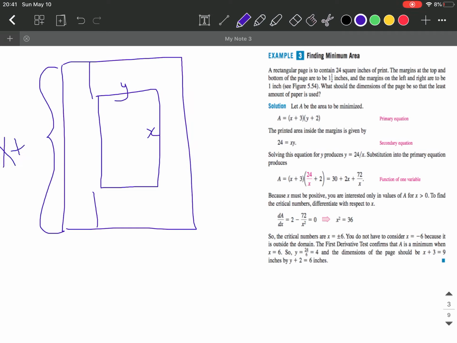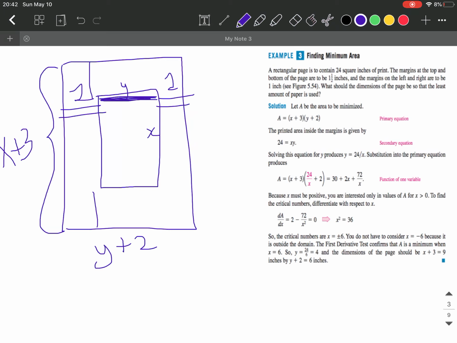You need to add both margins to X. And Y, which is the width, you need to add the margins on the left and right, which are 1 inch each. So that's Y plus 2. So the entire page is X plus 3 and Y plus 2.